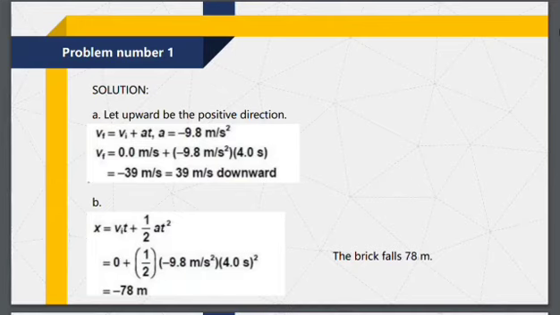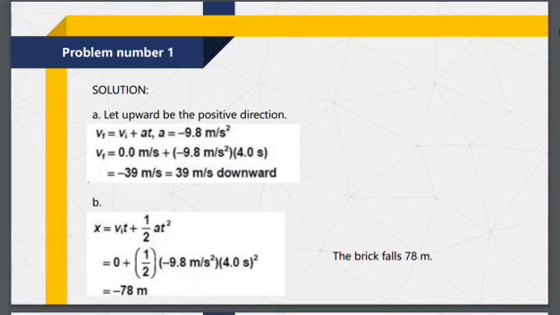The next one is the solution for letter B. We have to use the formula x is equal to initial velocity times time plus 1/2 multiplied by gravity multiplied by time raised to 2.